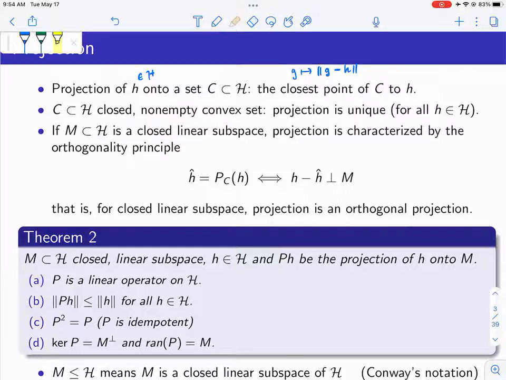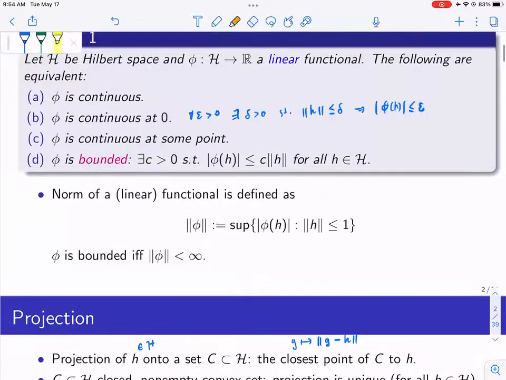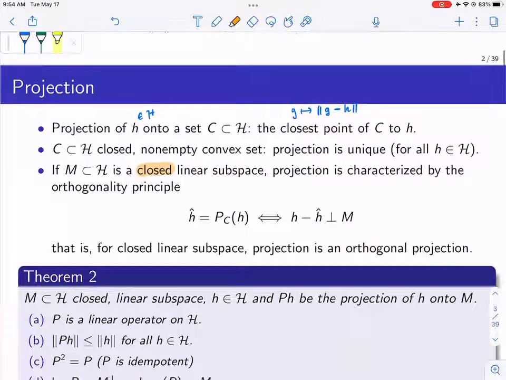The closedness here matters because H could be infinite dimensional. If M is finite dimensional, then it's automatically closed. If the Hilbert space is finite dimensional, everything is closed. So all the linear functionals are continuous and bounded, all the linear subspaces are closed, so every linear subspace has a projection. When H is infinite dimensional, there could be linear subspaces that are not closed.